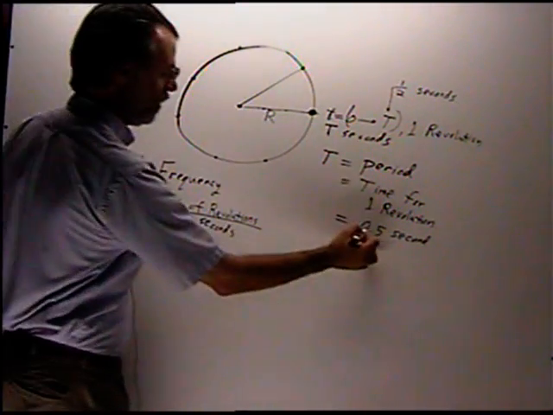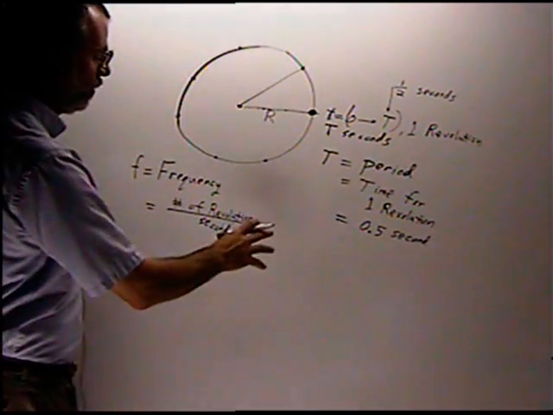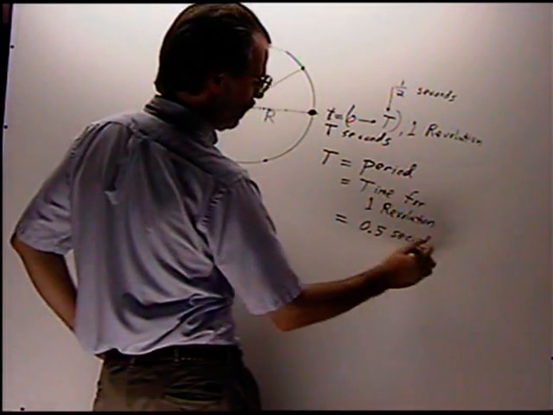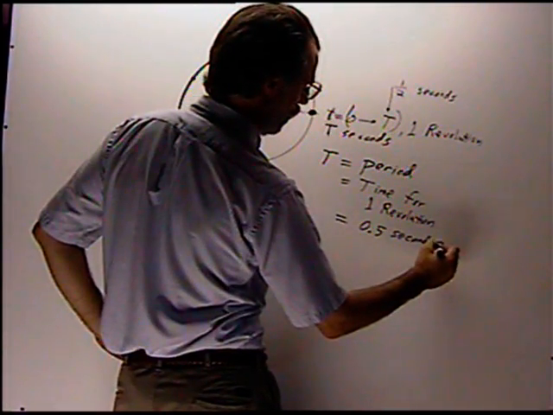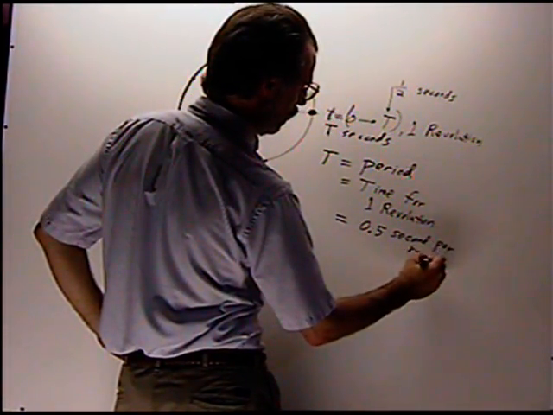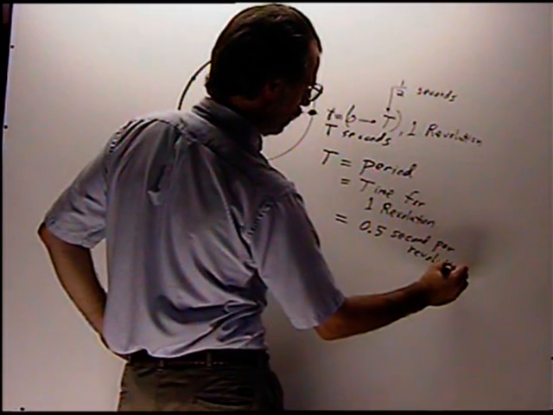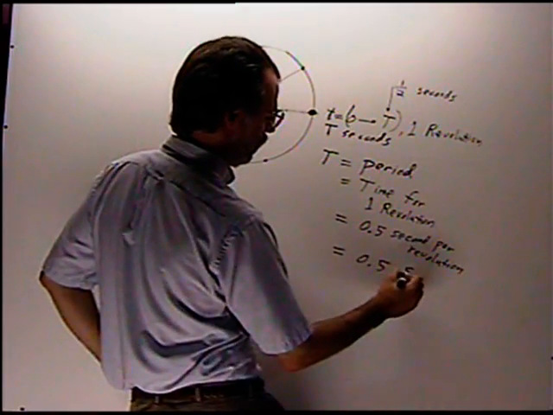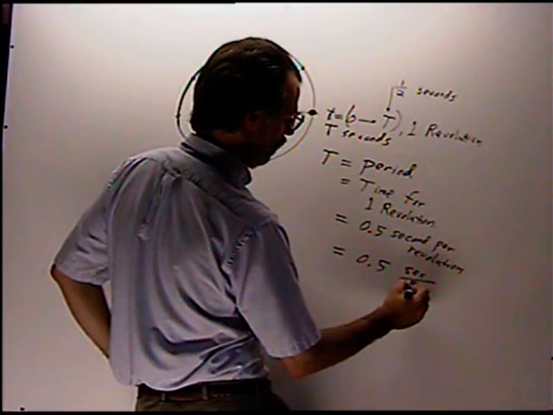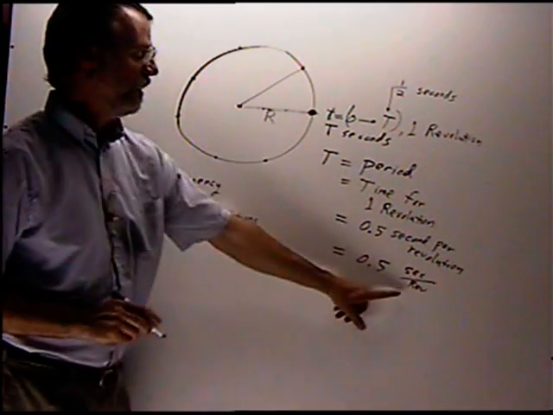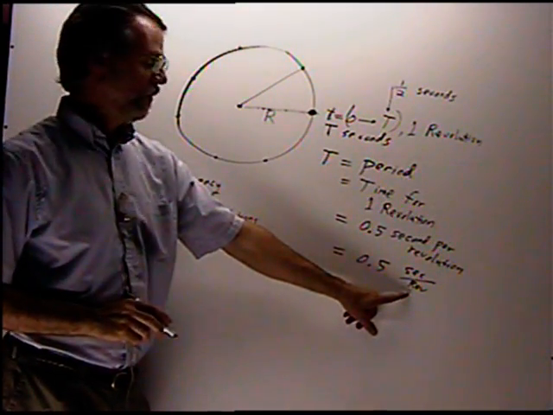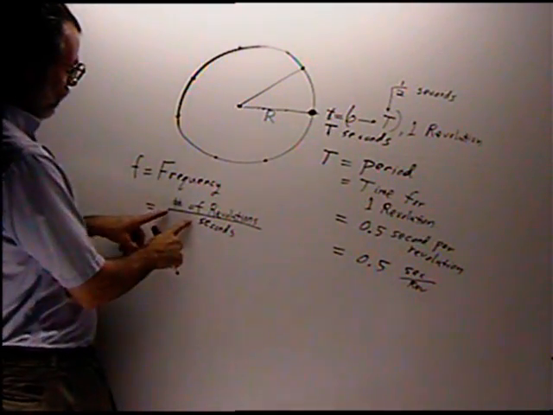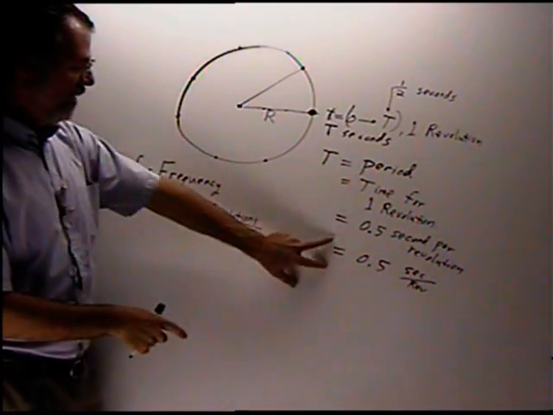So which would be what? Remember, the period here is 0.5 seconds per revolution. We'll write it this way: T is 0.5 seconds per rev, where rev is short for revolution. Notice the frequency is defined as the number of revolutions per second, so it's really the inverse of this.